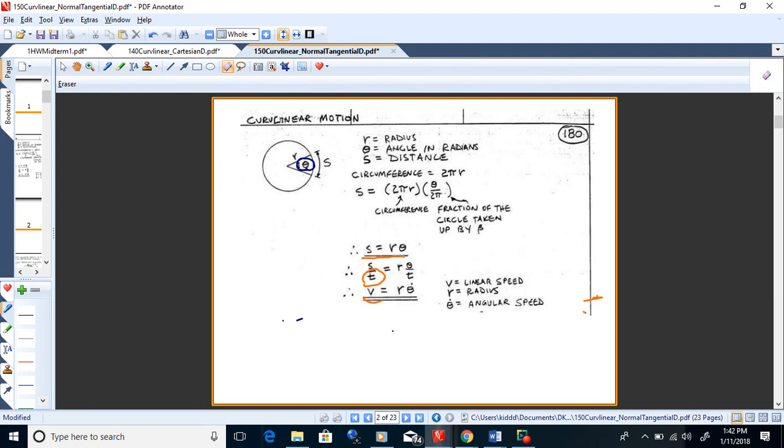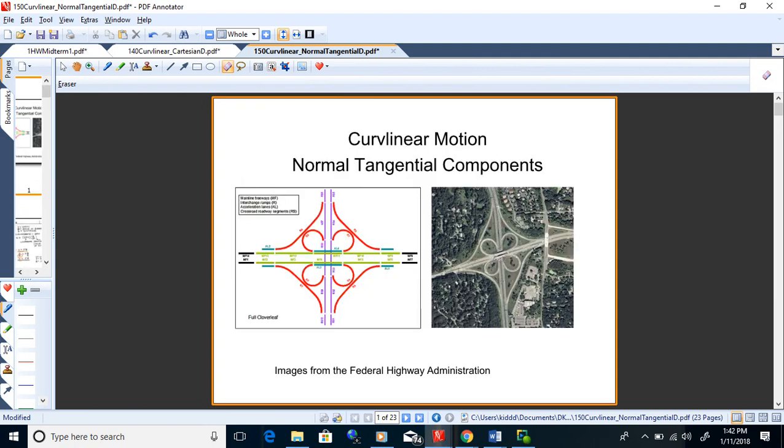So if we've got a car that's traveling around a little section of this cloverleaf intersection, there's a relationship between the angular speed of the car and the linear speed of the car as the car goes around.